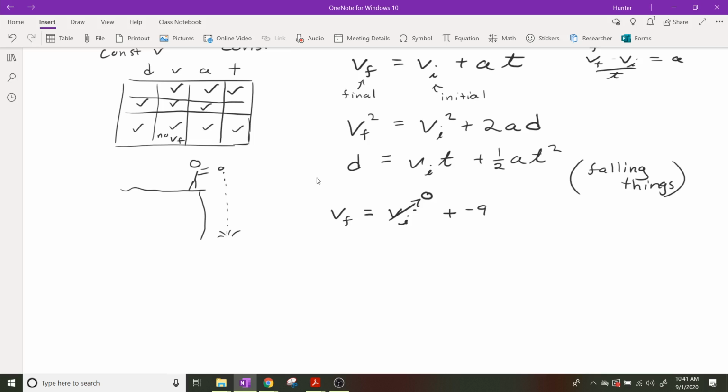The acceleration due to gravity is negative 9.8 meters per second squared, and the time is t. So Vf is equal to negative 9.8 times 1 second. Our velocity after we fall for 1 second is going to be negative 9.8 meters per second. True statement. Okay.